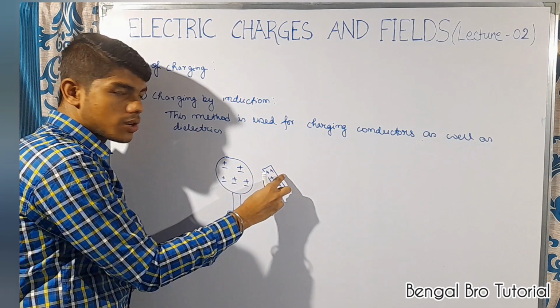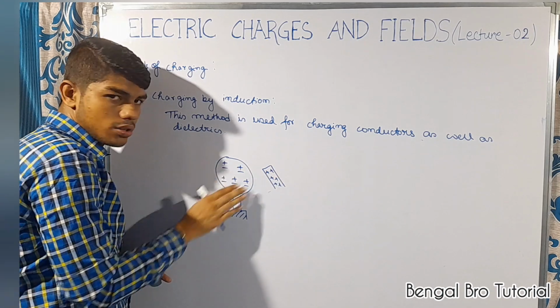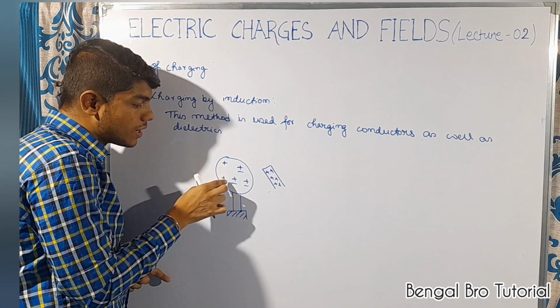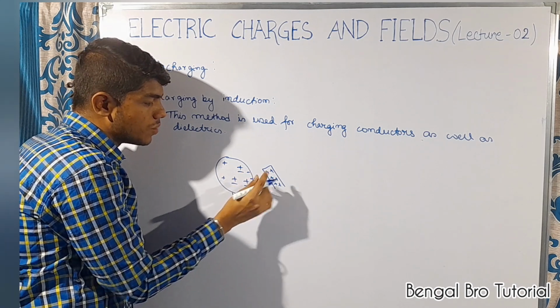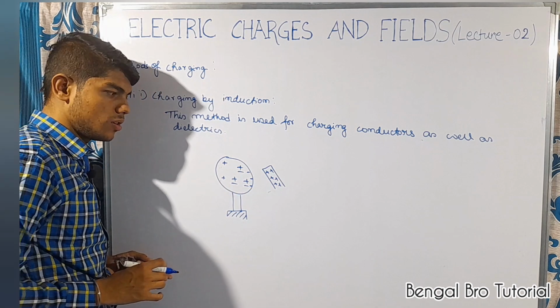So due to this positive charge, some of the electrons in this neutral body will get attracted towards that end near which the conductor has been brought.